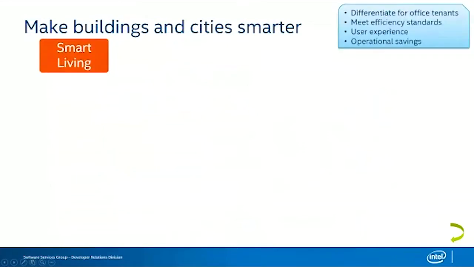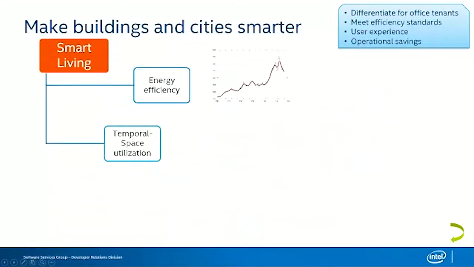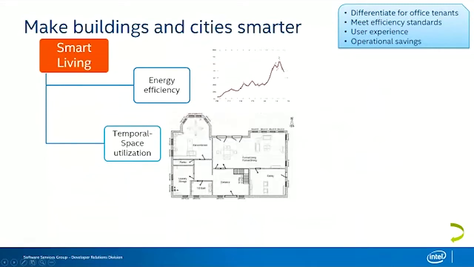The next larger topic really is around smart buildings and smart cities, right? And again, you're bringing in energy efficiencies, and you are essentially looking at temporal space utilization. So here's a building map or a floor map of an office building, right? And when the planning is done, it's not exactly clear how well this area is going to be used.